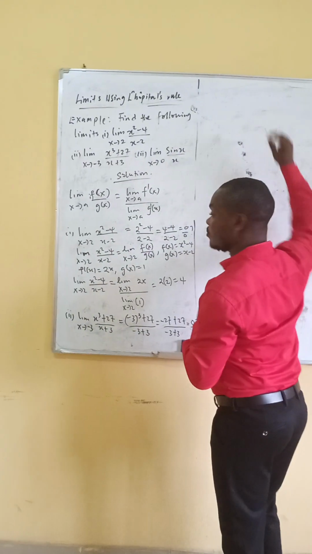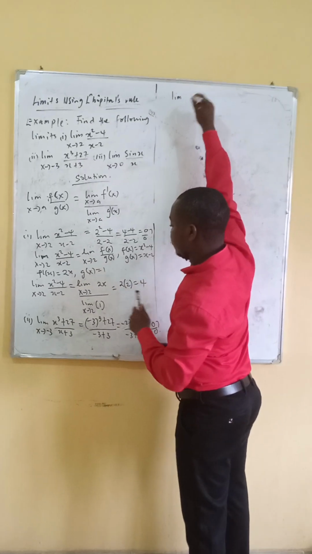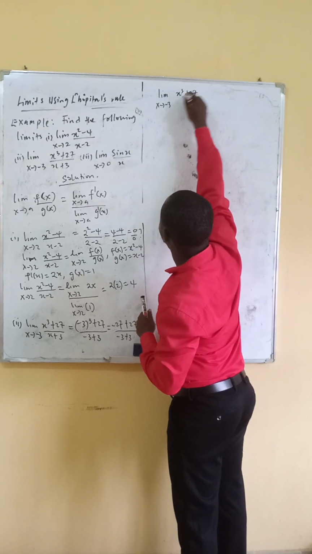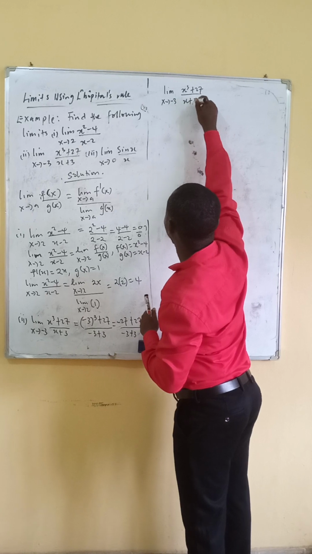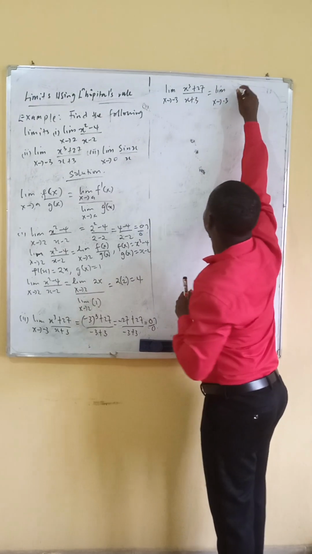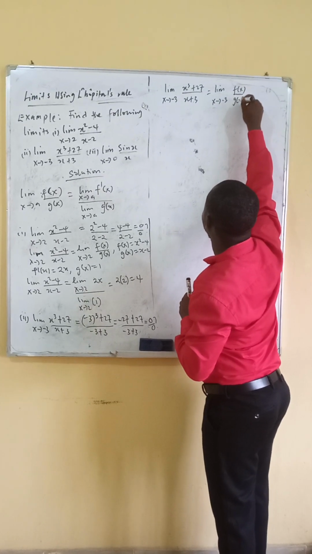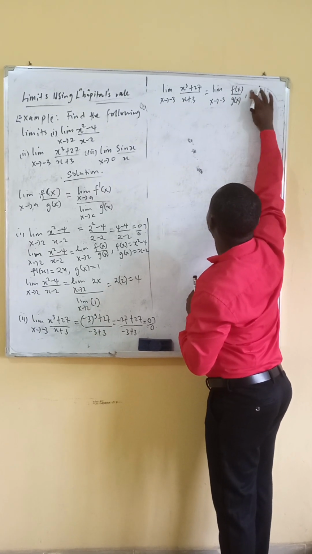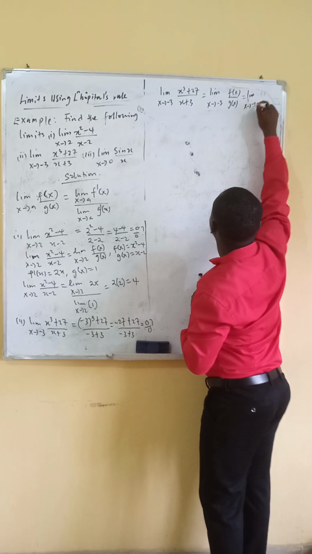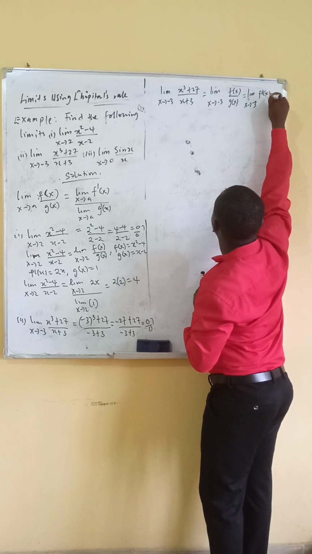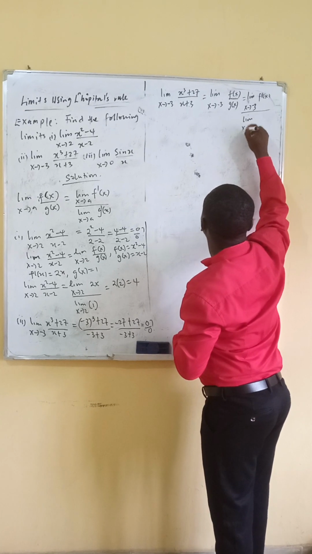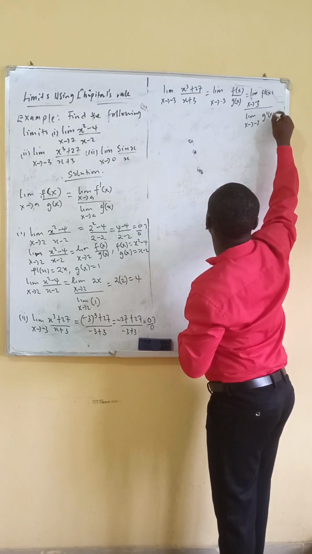In this case, the limit of x tending to minus 3 of x cubed plus 27 over x plus 3 is the same thing as the limit as x tends to minus 3 of f of x divided by g of x, which is equal to the limit as x tends to minus 3 of f prime of x divided by the limit as x tends to minus 3 of g prime of x.